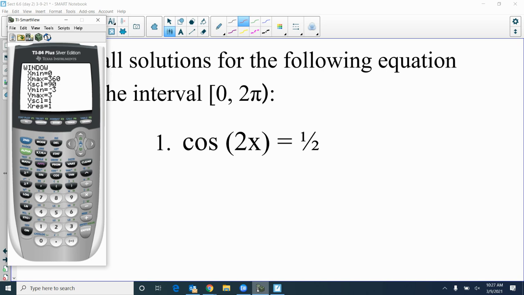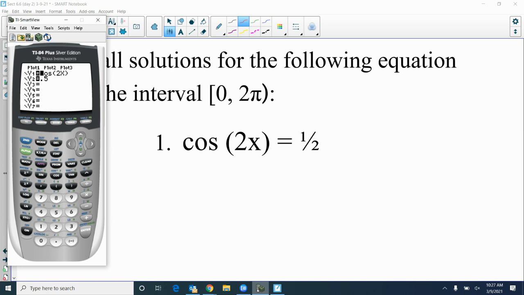All you gotta do is graph the left-hand side under one equation, graph the right-hand side on the other equation, and then see where they cross. Okay, you can always do that. So like you come across an ACT test and you got an equation, you have absolutely no idea what to do. Graph one side under Y1, graph the other under Y2, see where the heck they hit.